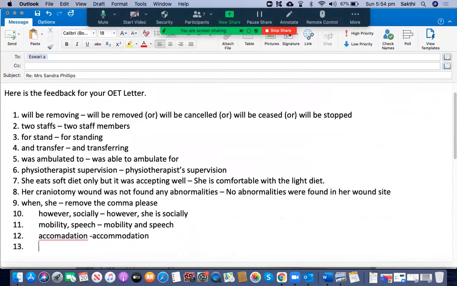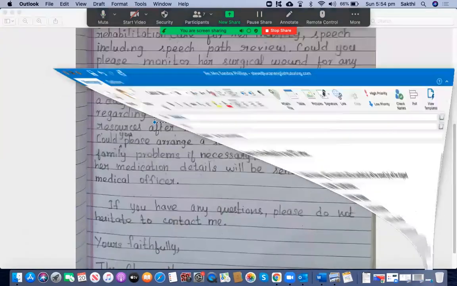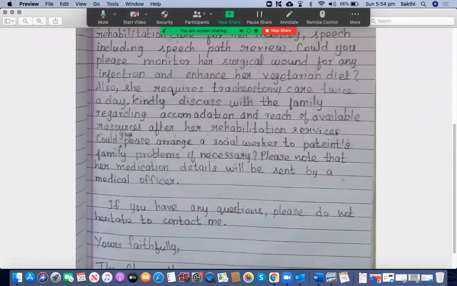Here also O. So it's A-C-C-O-M-M-O-D-A-T-I-O-N. Okay, discuss with the family regarding accommodation and reach out to available resources after her rehabilitation services.